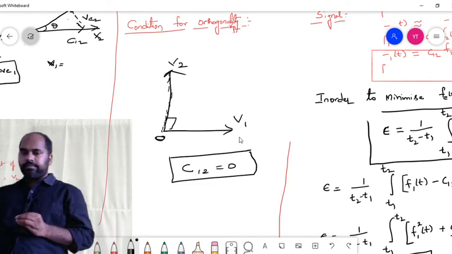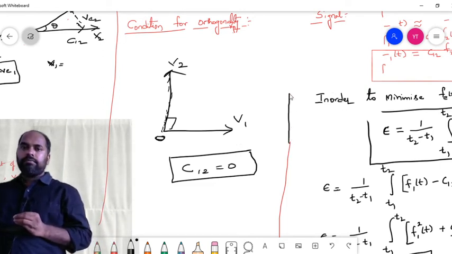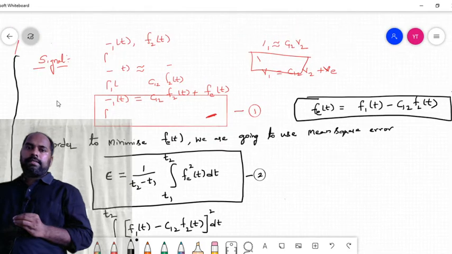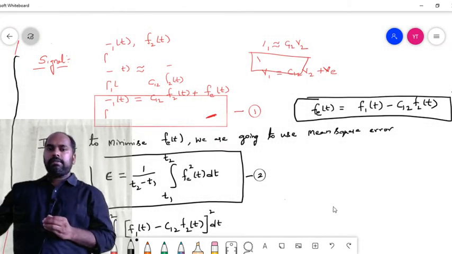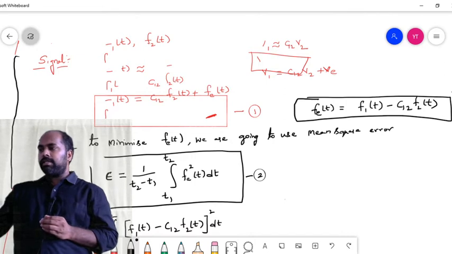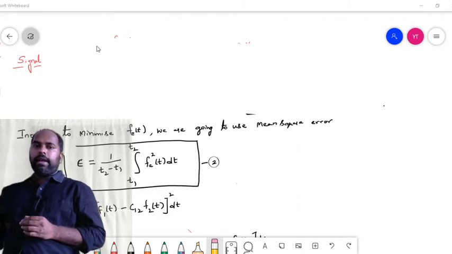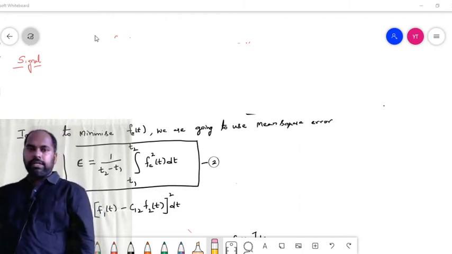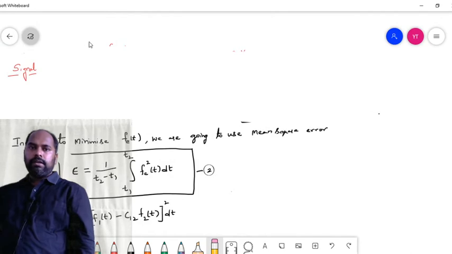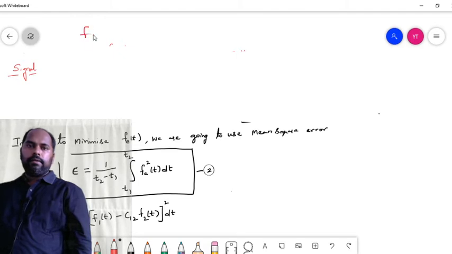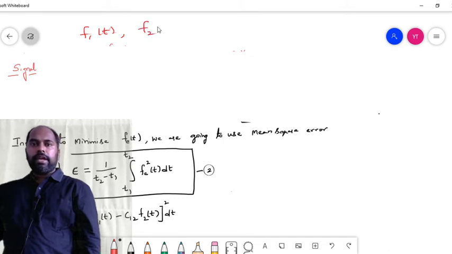Now, let us see the concept of signals. Let us consider two signals: f1 of t and another signal f2 of t.